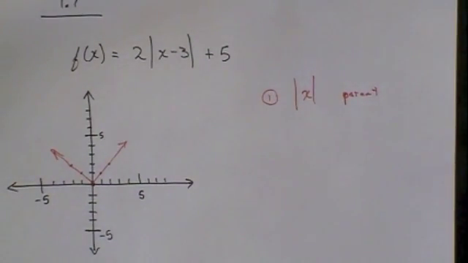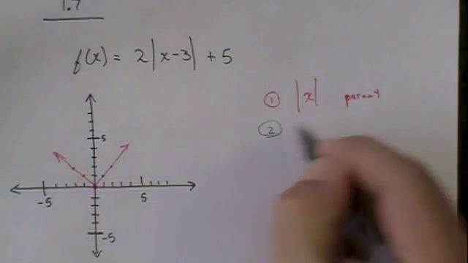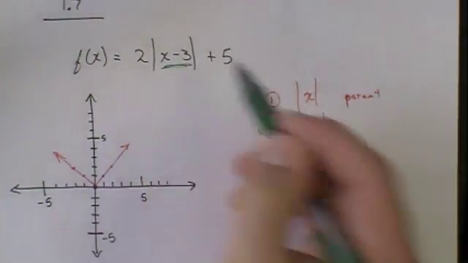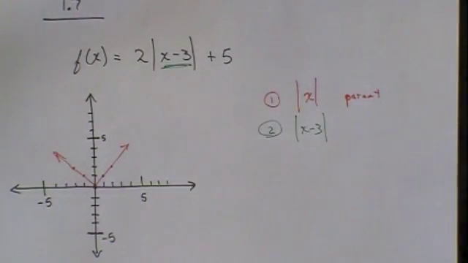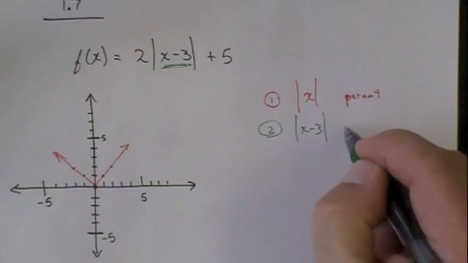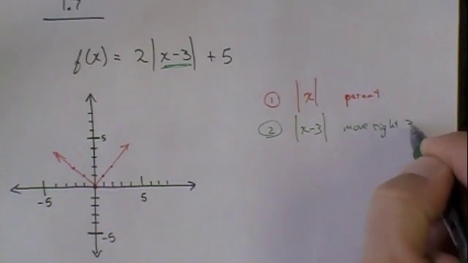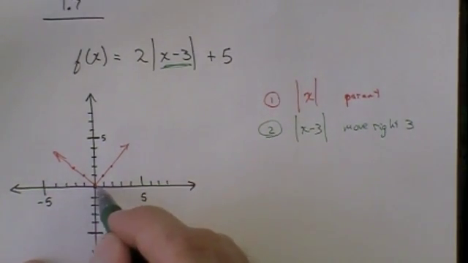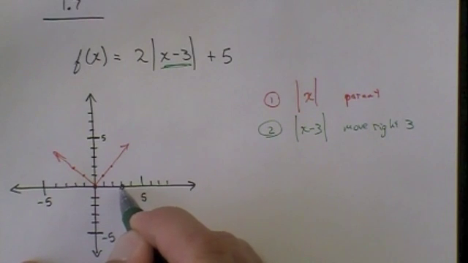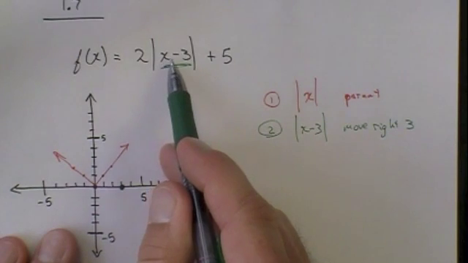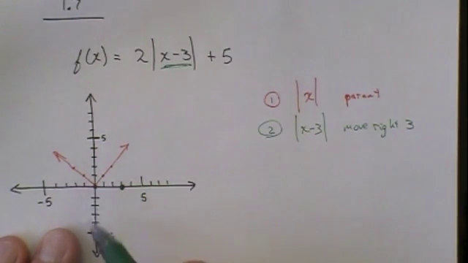All right, second step is to do the x minus 3, because that's within the absolute value, that's the first step we're going to do, and that's going to move this graph to the right 3 units. So this point here, which was at 0, 0, is going to go over 3 units, because if I plug in 3, 3 minus 3 gives us 0, it takes us right back to there.